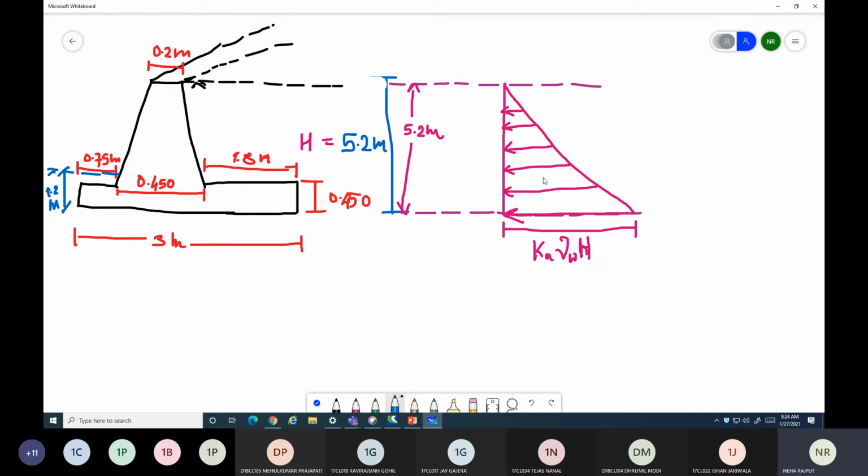And this triangle or the resultant active pressure will act at the CG of the triangle. So this will be your PA. Right, and this will act at a distance of capital H by 3.